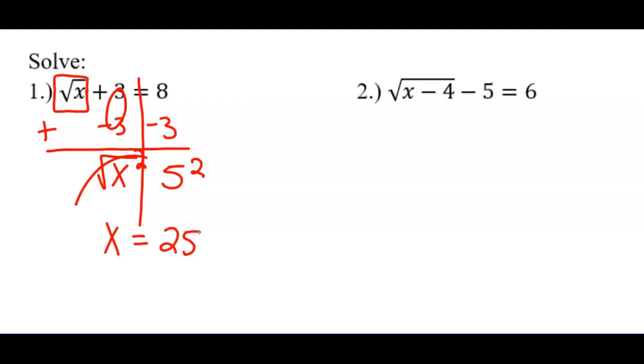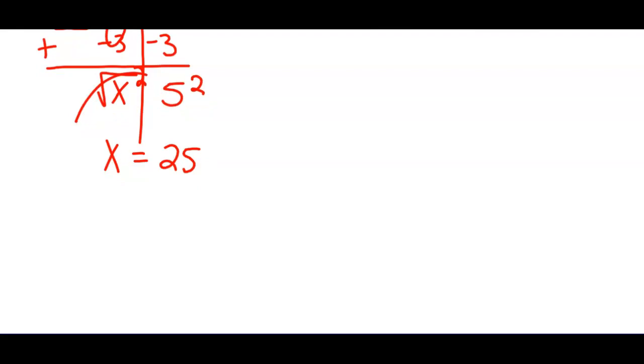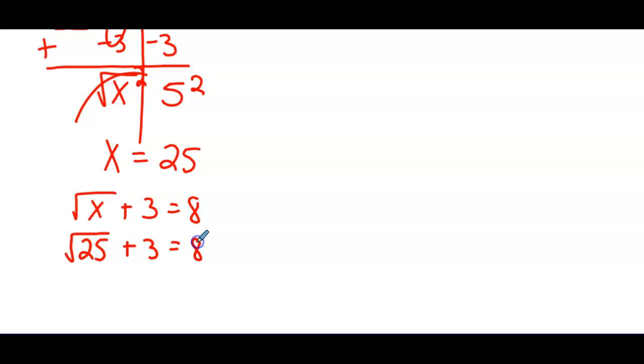If I take my original equation and put the square root of 25 in here, because that's my x, the square root of 25 is 5, plus 3 equals 8. 8 equals 8. Sure does.